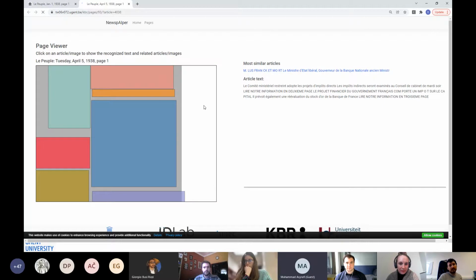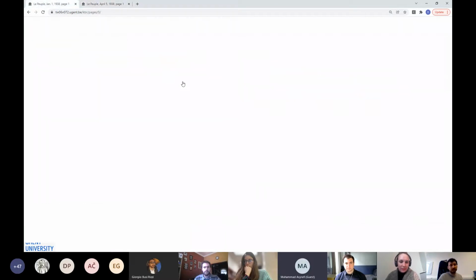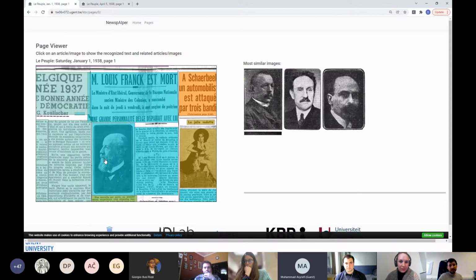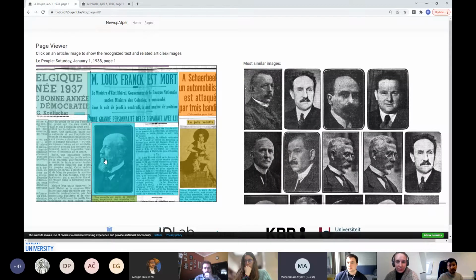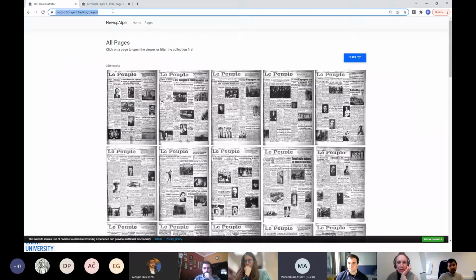There is also other information: if you want to see similar pictures and select one of the pictures, you can find some similar images there as well. I will put this link in the chat.